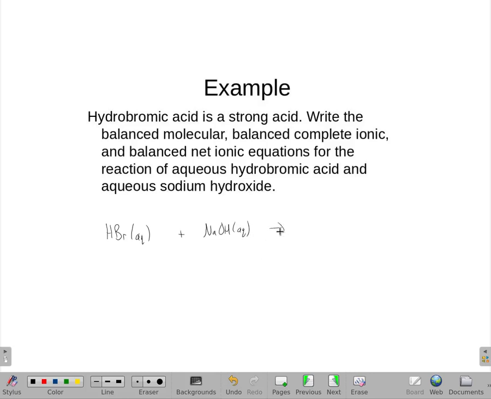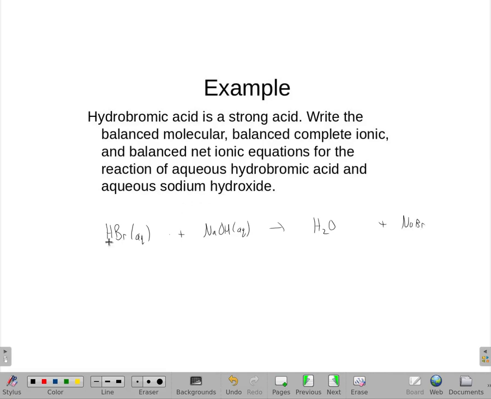All right, and let's just do it like we did on our cations and anions. We're just going to swap the cations. So I'm going to put the H with the OH, and I'm not going to make us write HOH. That's just water. And then Na goes with Br to make NaBr.